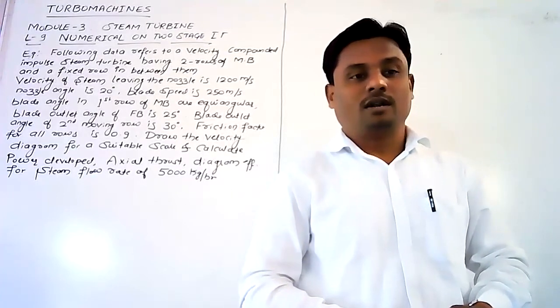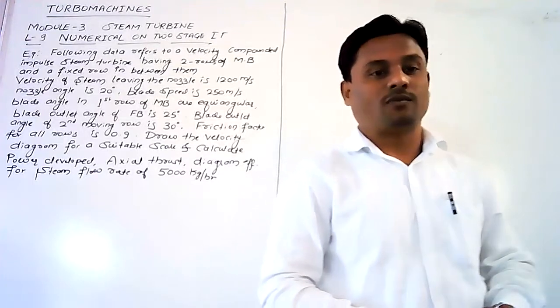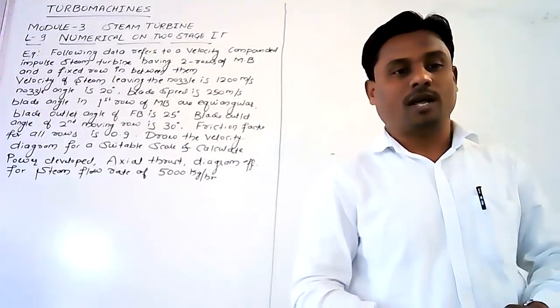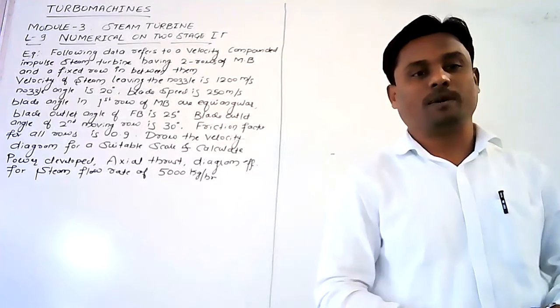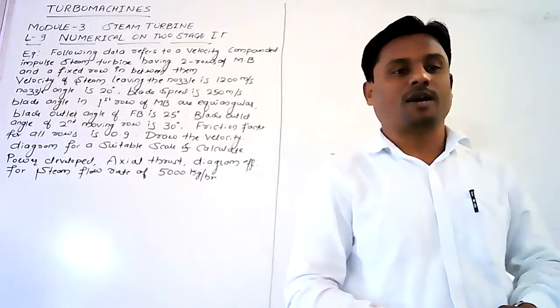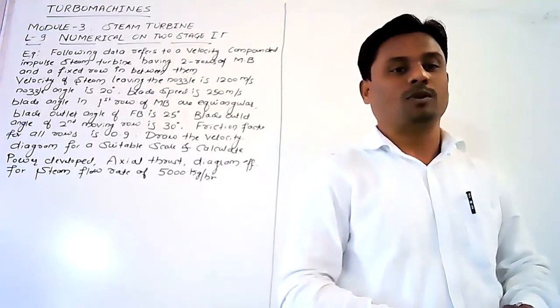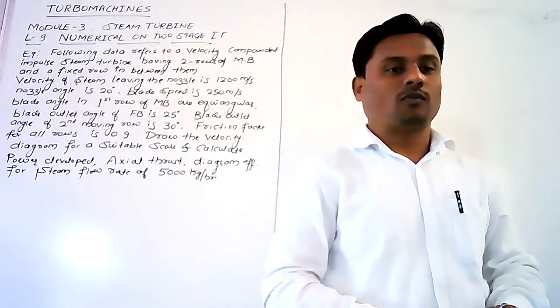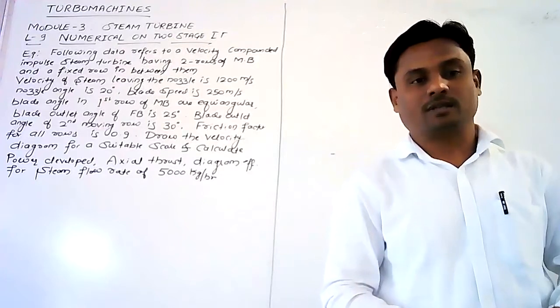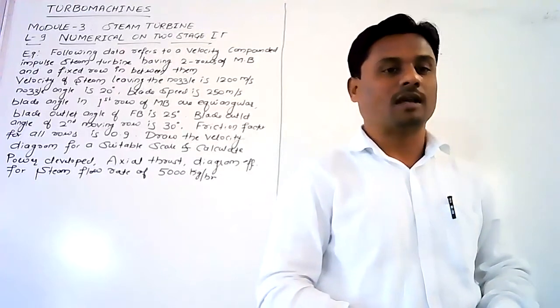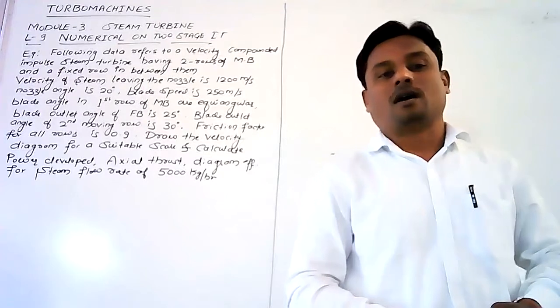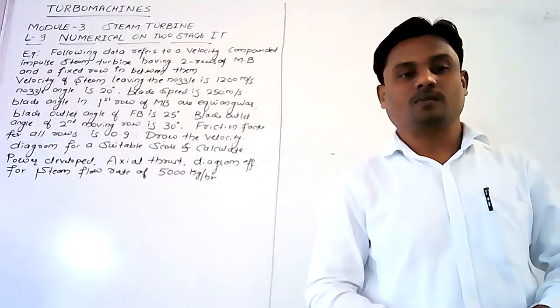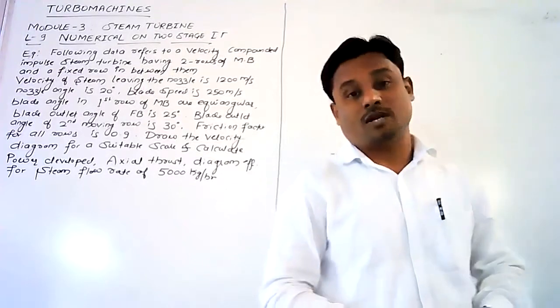Blade outlet angle of fixed blade is 25 degrees. Blade outlet angle of second row of moving blade is 30 degrees. Friction factor for all rows is 0.9. Draw the velocity triangle diagram for a suitable scale and calculate the first bit power development, second bit axial thrust, third bit diagram efficiency for the steam flow rate of 5000 kgs per hour.